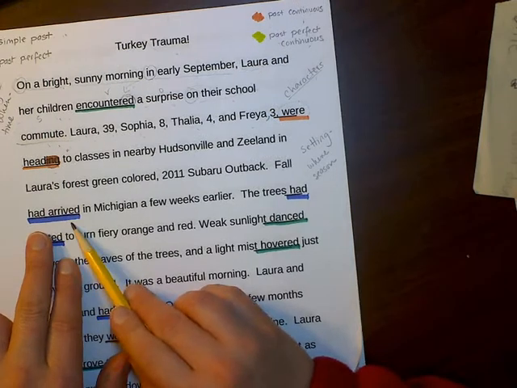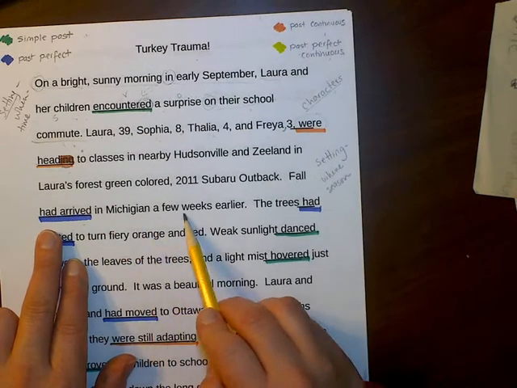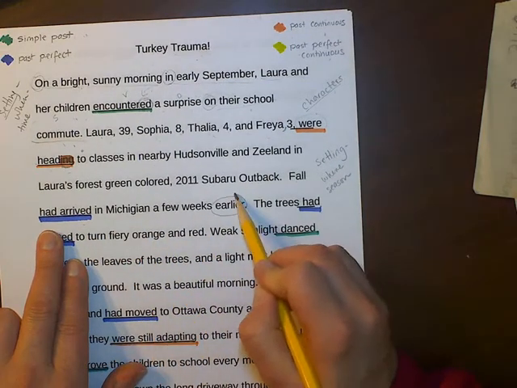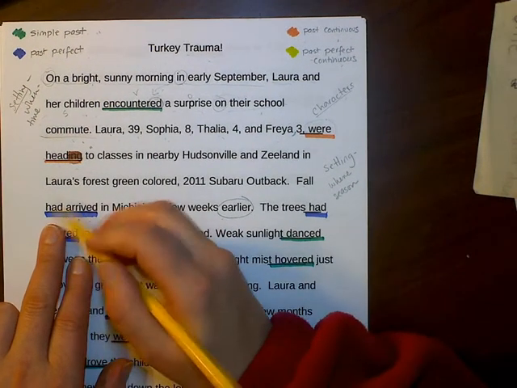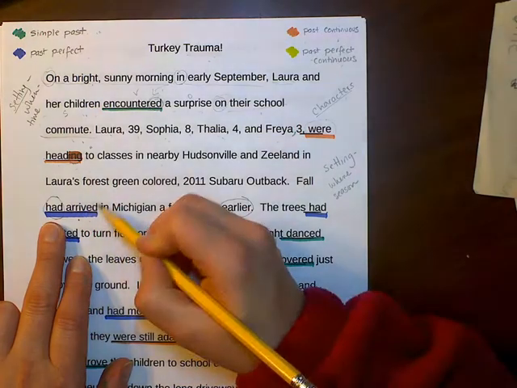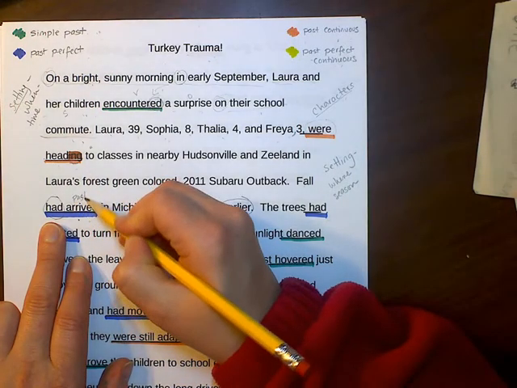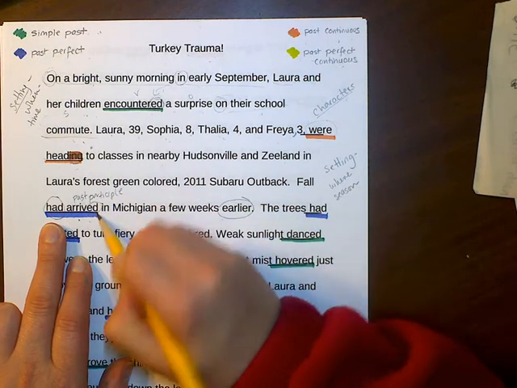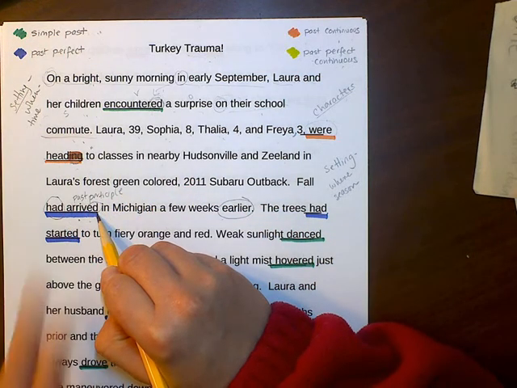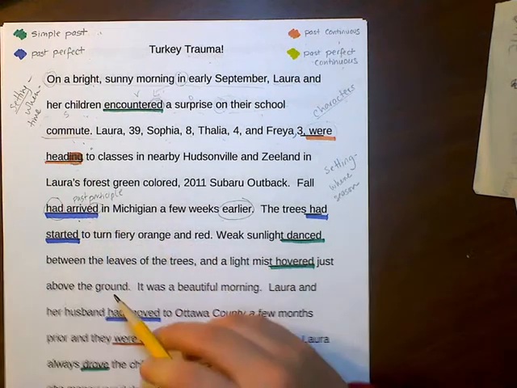Fall had arrived in Michigan a few weeks earlier. Okay, so here I'm going to use what verb tense? I have the verb had, and then I have the past participle, which looks the same as the simple past because it's a regular verb and has ed. So I'm going to use the past perfect.